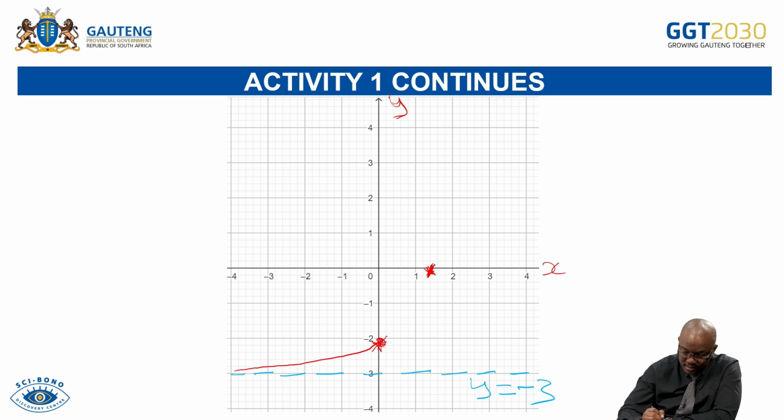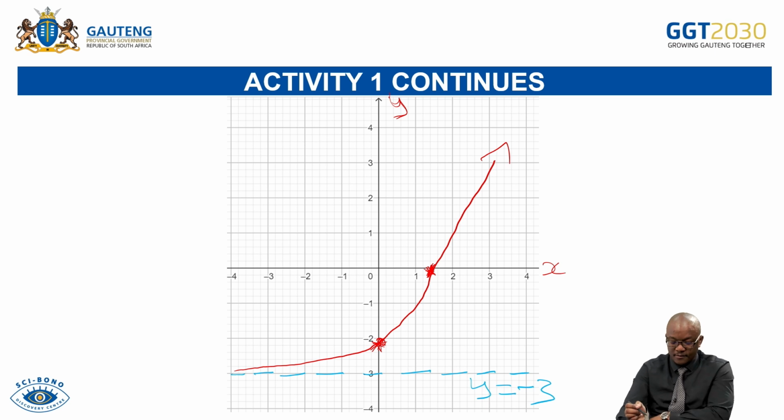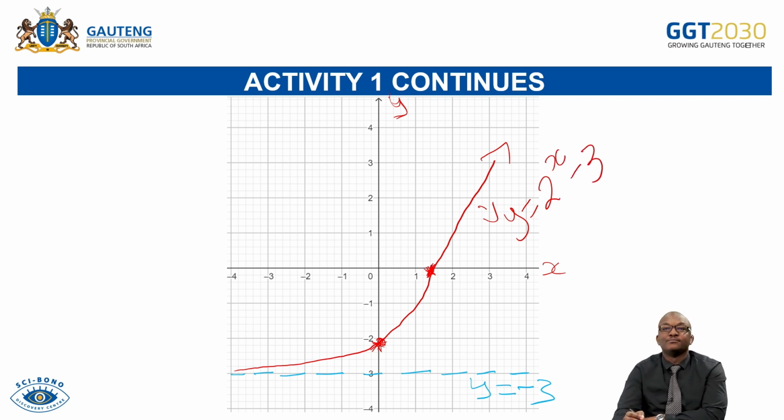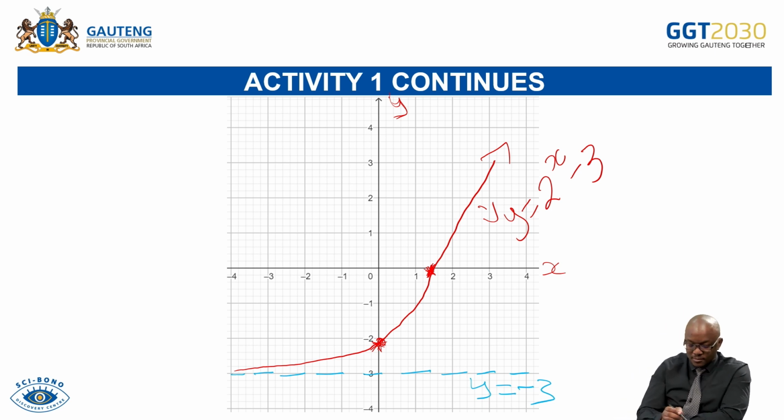So that is your function y is equal to 2 to the exponent of x minus 3. Then you will have your domain and your range.